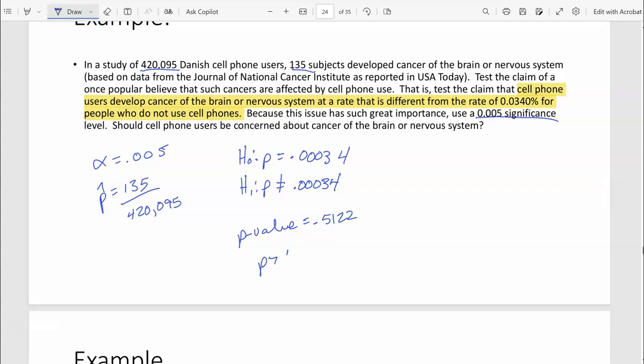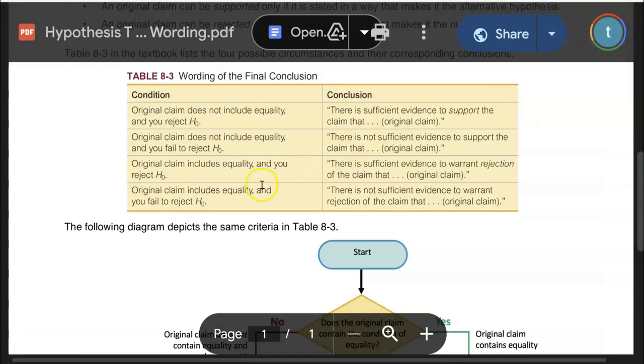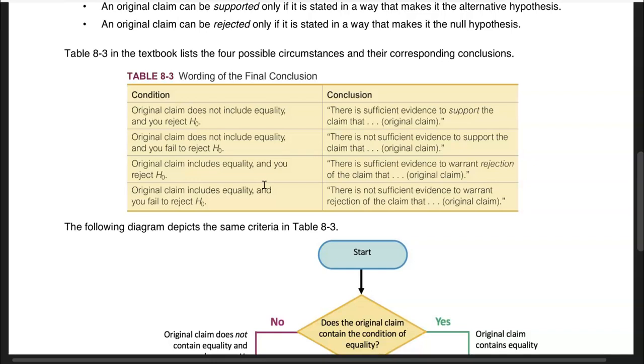And p is definitely greater than alpha. So we are going to fail to reject. So let's figure out how we're going to word that final conclusion. The original claim said different from, and different from does not have an equality.